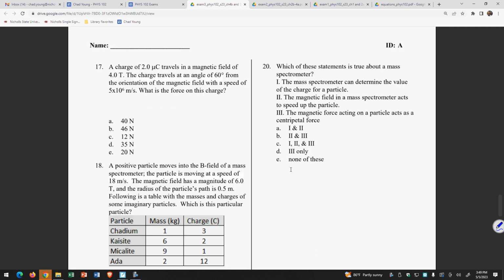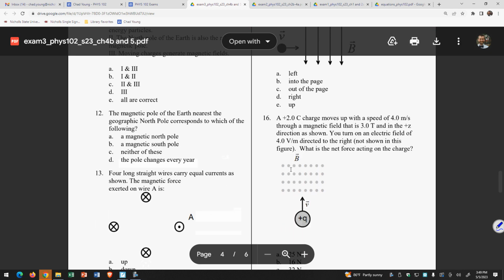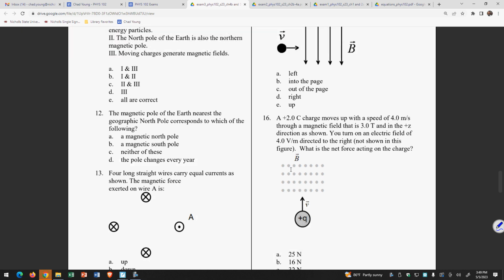Real quick, do 12. I know we just passed it. Yeah, the magnetic pole of the Earth nearest the geographic North Pole is the southern magnetic pole. So on the Earth, here's Florida, here's Africa, this is Antarctica, this is the Arctic. So this is the northern geographic pole and the southern geographic pole.